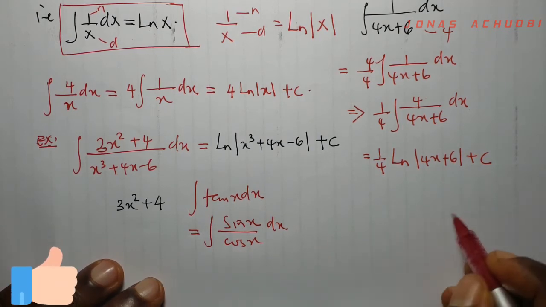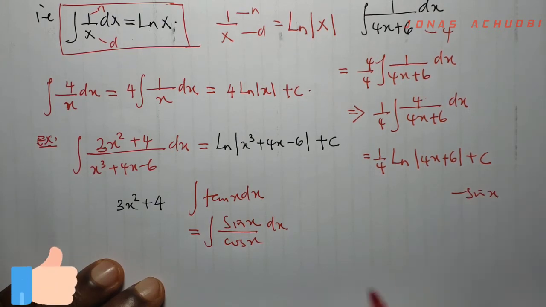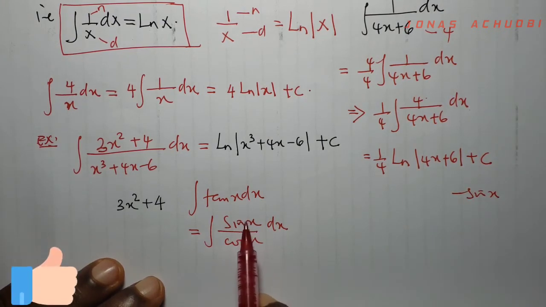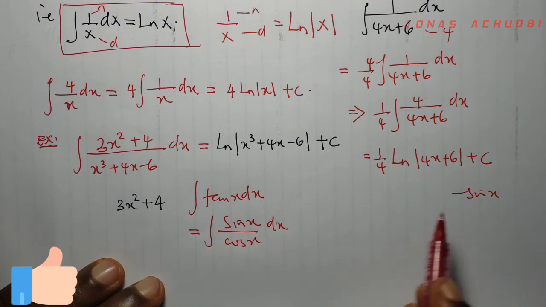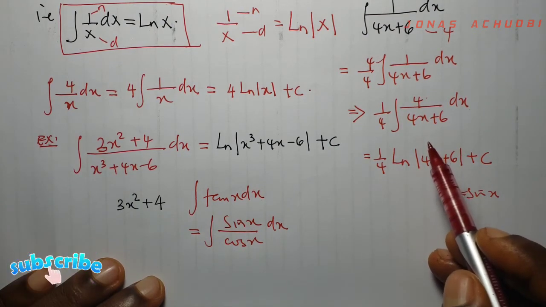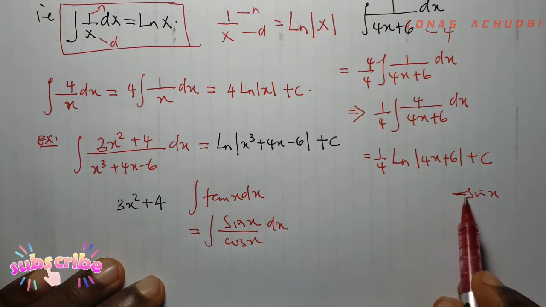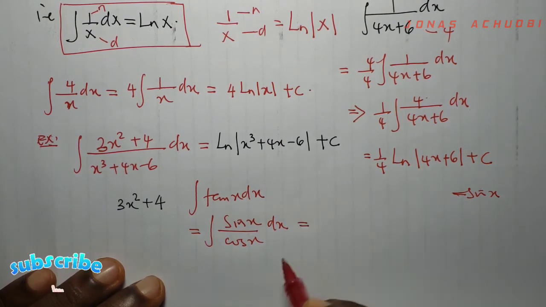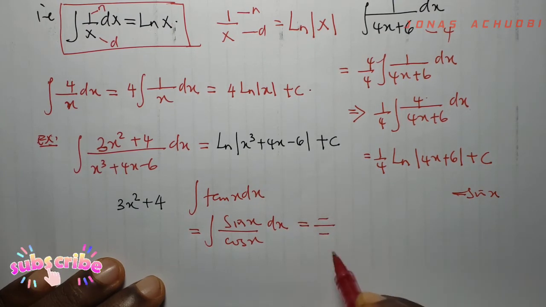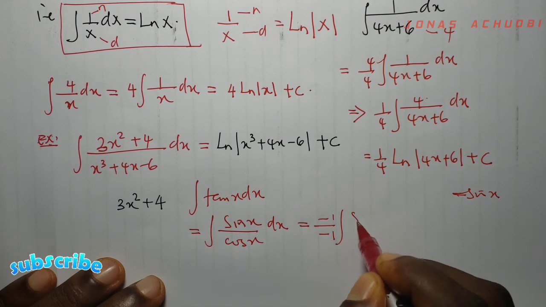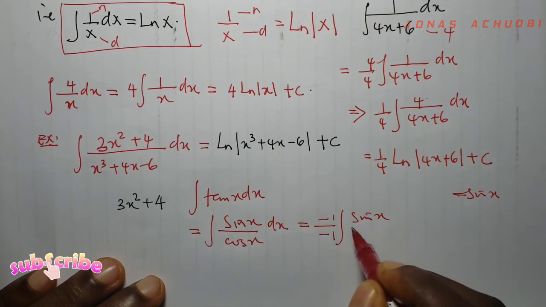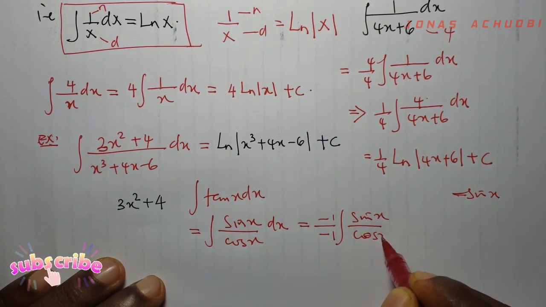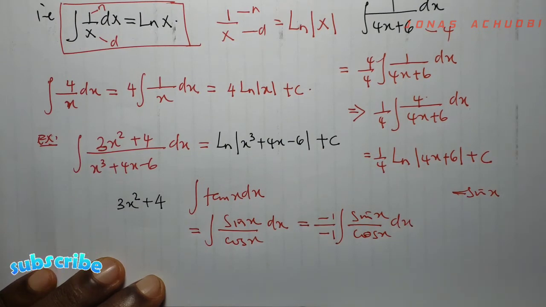We get minus sin x. And what we have here as a numerator is sin x. So there's an extra term, which is what? The minus. So like we did in the previous example, we shall now introduce minus over minus outside the integral. That becomes minus over minus, which is minus 1 over minus 1, integral of sin x over cos x dx.